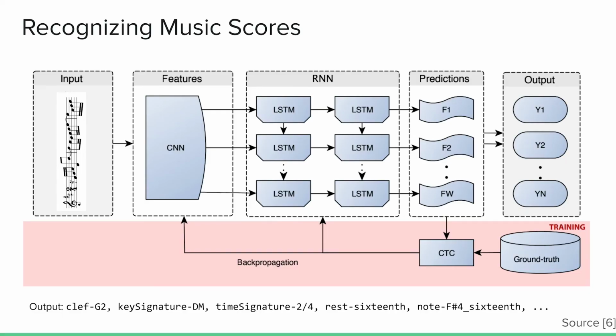So you basically have this window that slides over the image, and you extract features for each of your window slices, and you feed that into an LSTM or a gated recurrent neural network. You produce predictions, and that should be your translation. For this example, it's flipped now, but you can see a G clef, then certain key signatures, time signatures, and then the actual notes. And the network learns to predict this sequence from that image.